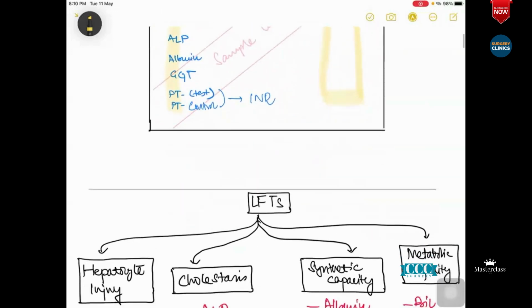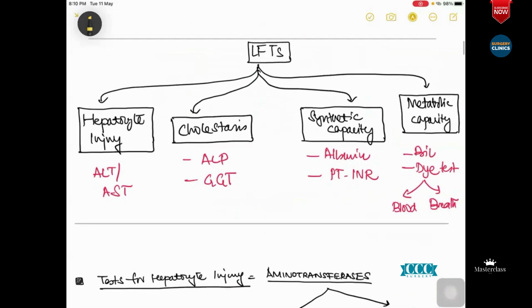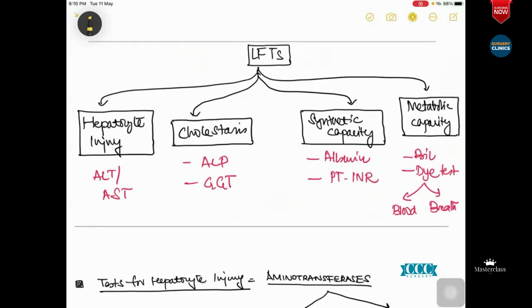So liver function tests can be classified based on four aspects. You can have tests which analyze the injury status of a hepatocyte, which means that a prolonged course of any pathology that causes injury to the hepatocyte will cause a marked rise in a few parameters in the LFT, that is your ALT and AST.